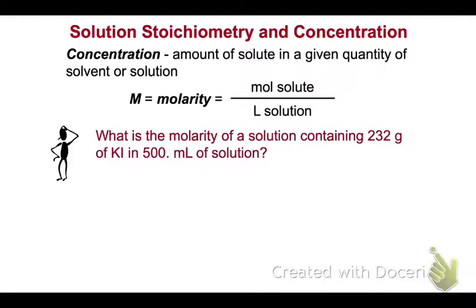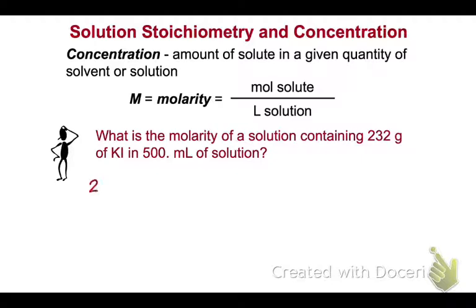Let's look at this example together. What is the molarity of a solution containing 232 grams of potassium iodide in 500 milliliters of solution? So remember, molarity is the moles of the solute. For the solute here, we were given grams.